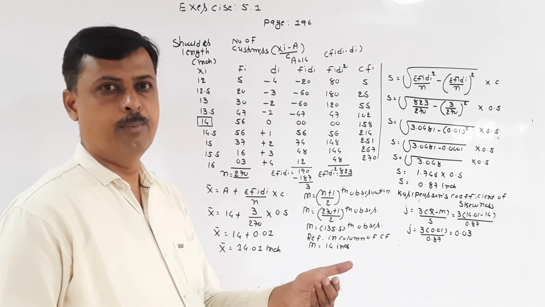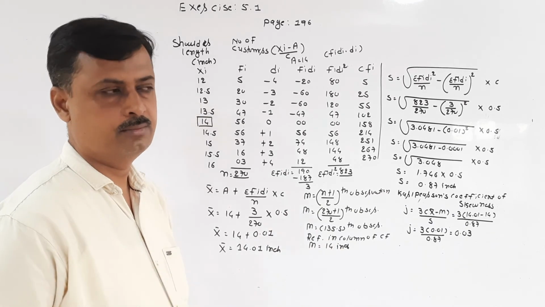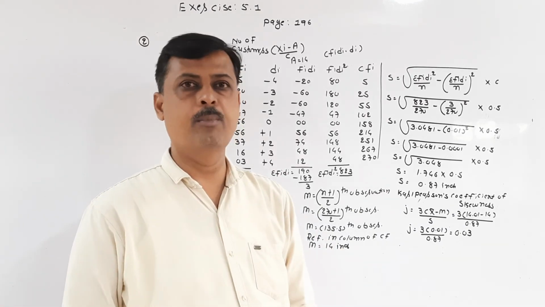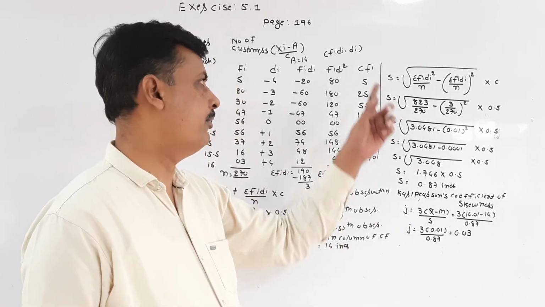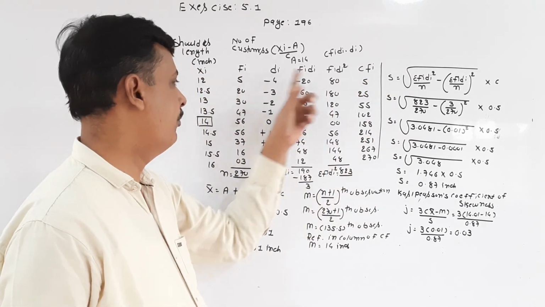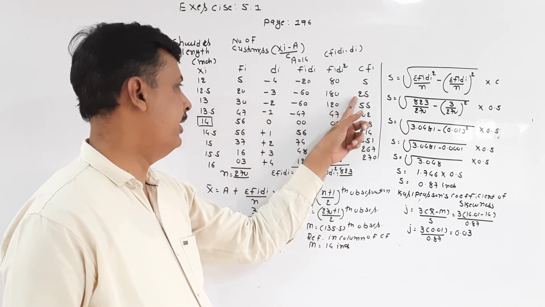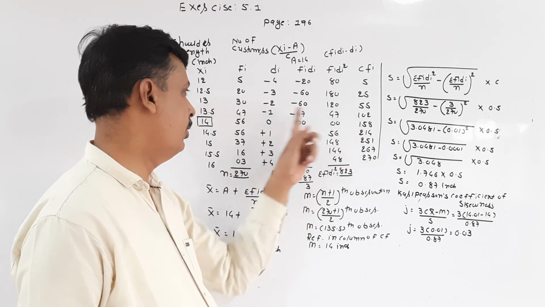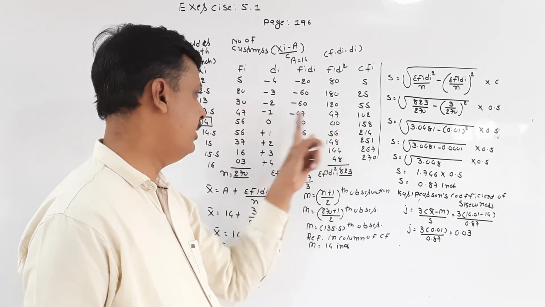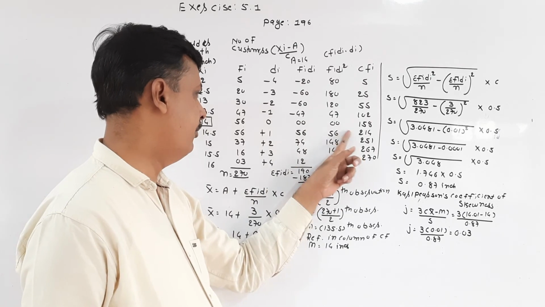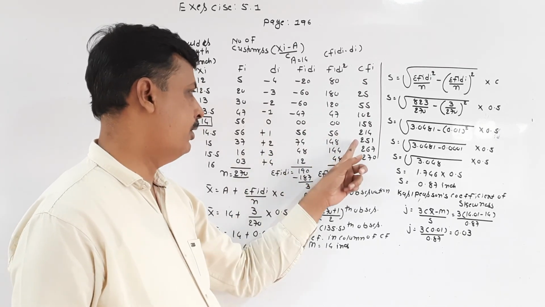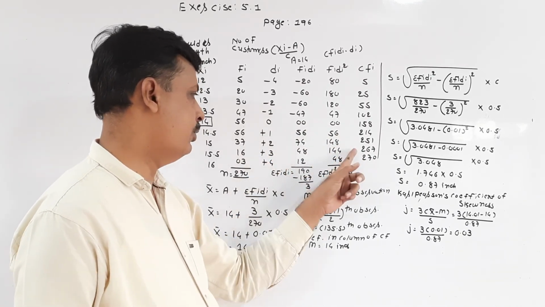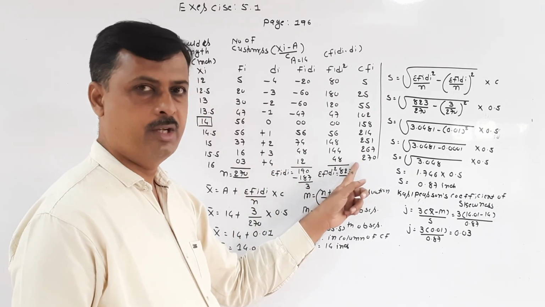So instead of mode we have to find median, and for median one more column is required, that is CF. So 5 plus 20 is 25, plus 30 is 55, plus 47 is 102, plus 56 is 158, plus 56 is 214, plus 37 is 251, plus 16 is 267, plus 3 is 270.